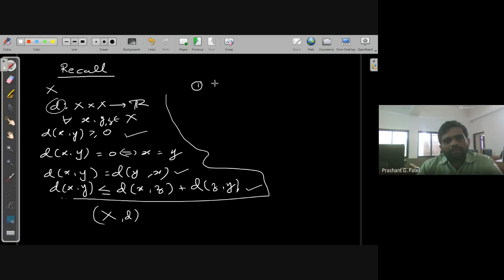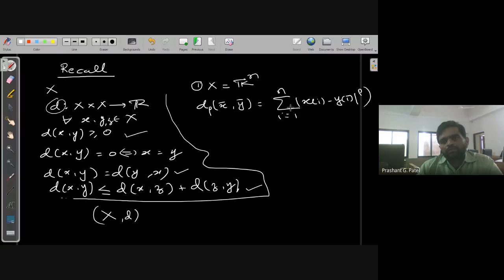If I can say that in short, we have talked about Rn, which is the n-dimensional space, and on this we define the metric, summation i running from 1 to n of mod of xi minus yi, raised to p, whole raised to 1 by p, for p greater than or equal to 1, where x bar is x1, x2 up to xn, and y bar is y1, y2 up to yn.